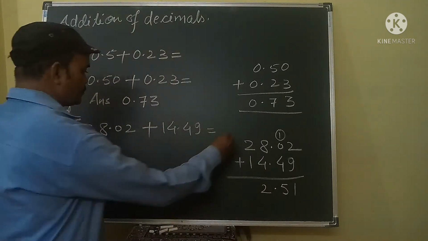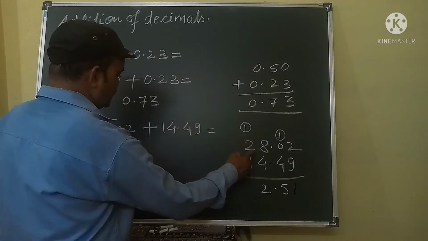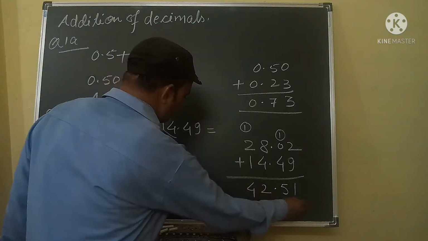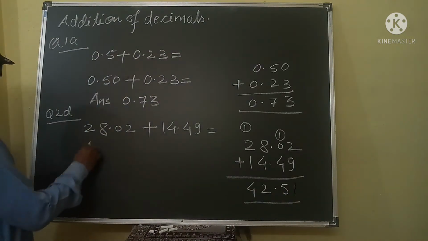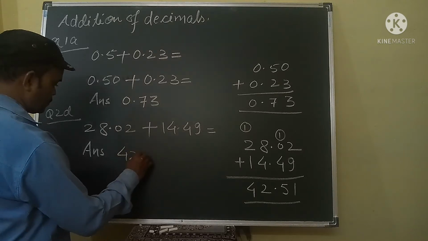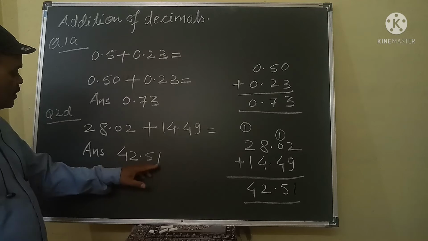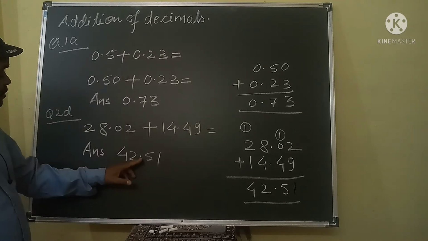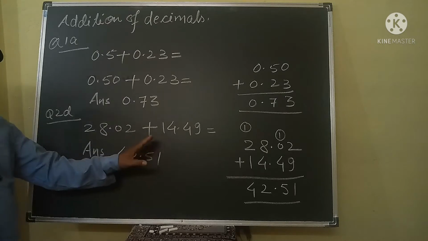This is 2, carry over is 1. 1 plus 2, 3. 3 plus 1, 4. 42.51. 42.51 is the required answer for the question.